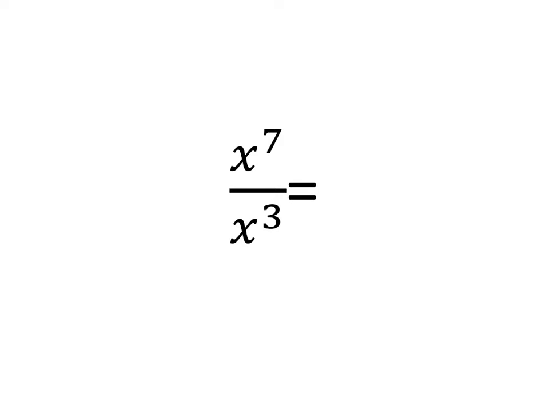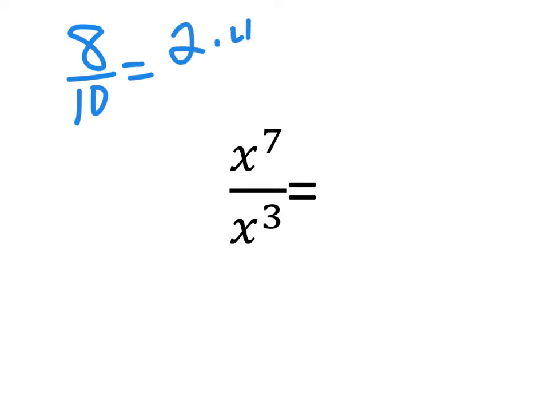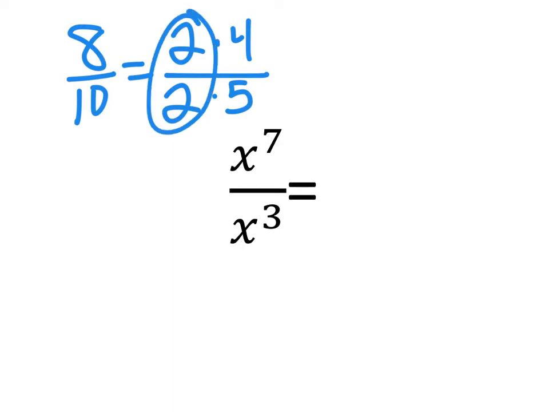Whenever we do fractions, for example 8 over 10, and we reduce it, you may not remember doing this, but one thing you were taught to do was take 8 and make it 2 times 4, and take 10 and make it 2 times 5. That way you can see what you have in common, which is this 2, and you can divide it out. The reason it divides out is because 2 divided by 2 is 1.